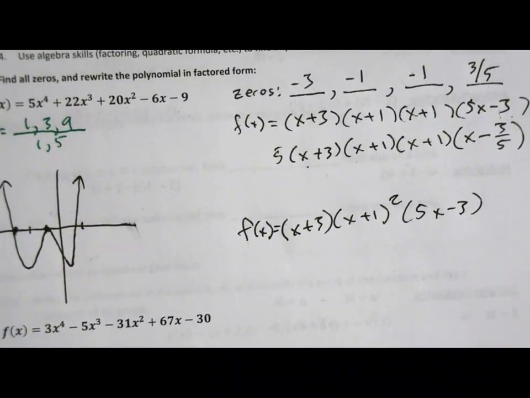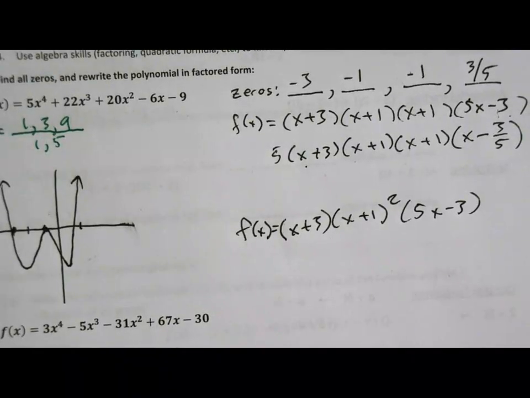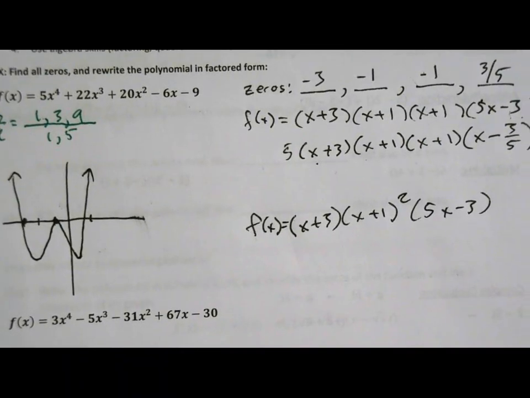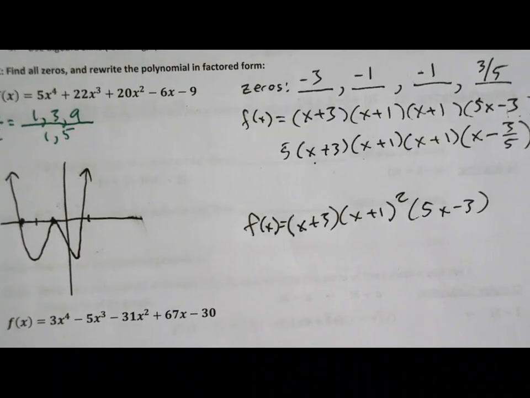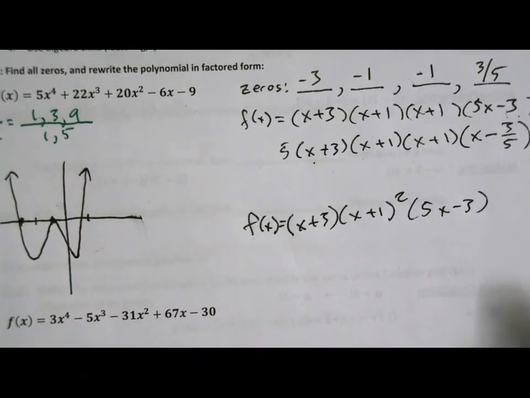All right, any questions on that one? Kind of nice that we didn't have to go through and hunt for all that stuff, right? Isn't it nice being able to look at the calculator graph and see where our zeros are?